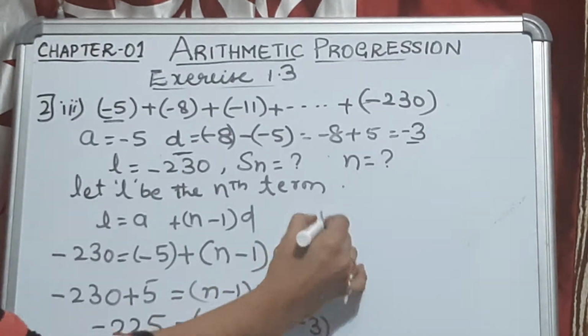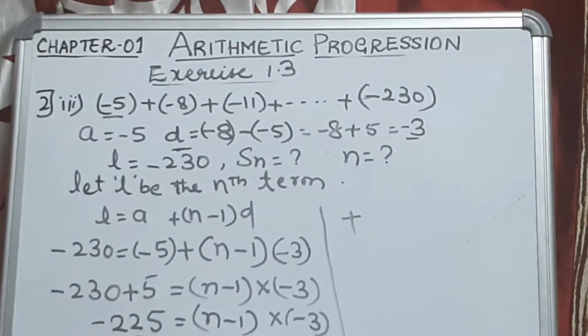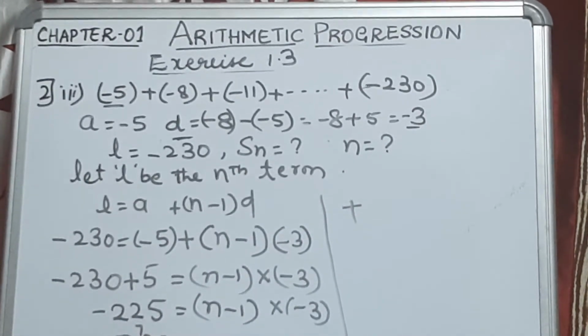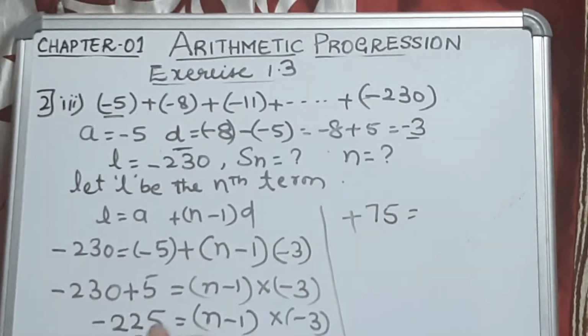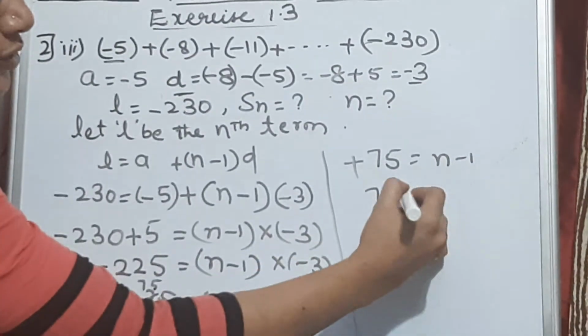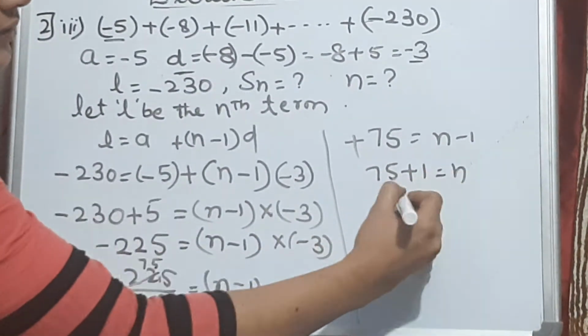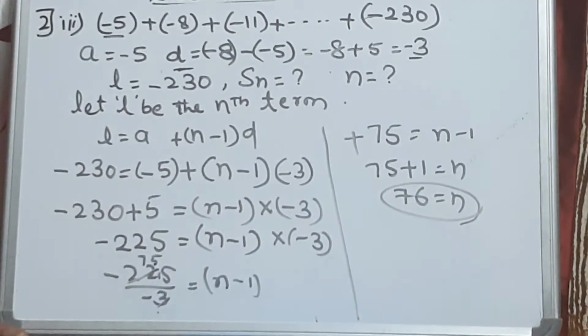Minus into minus becomes plus, so 3 fives are 15, 3 sevens are 21, and we get plus 75, equal to n minus 1. Taking this 1 to this side, we get n is equal to 76.